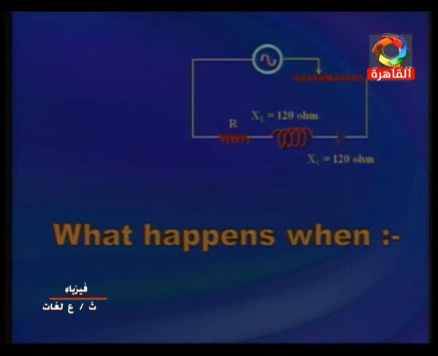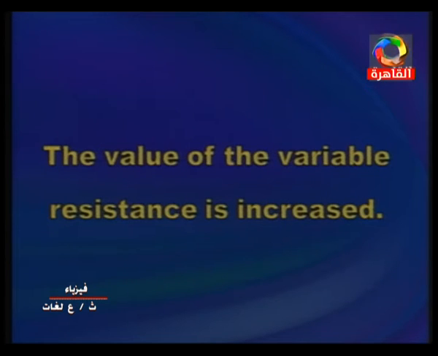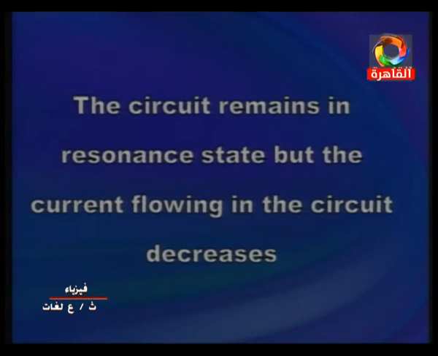Okay, another item, what happens when the value of the variable resistance is increased? Once again, we didn't change the value of XL or XC, so resonance remains. The circuit remains in resonance, but increasing the resistance will decrease the current.